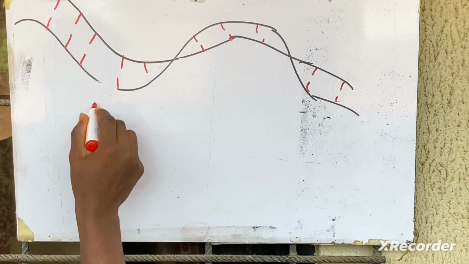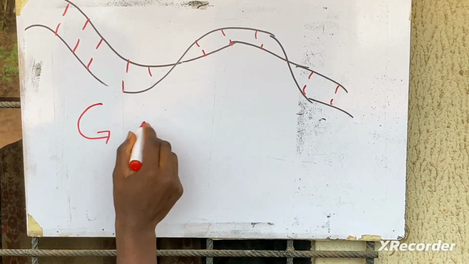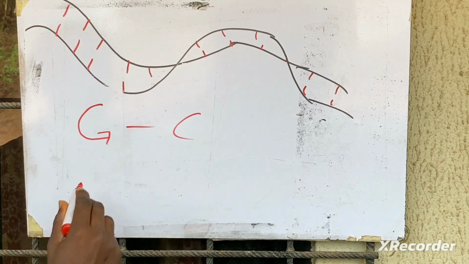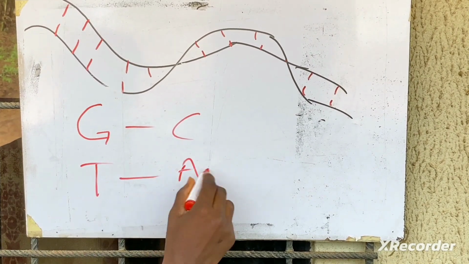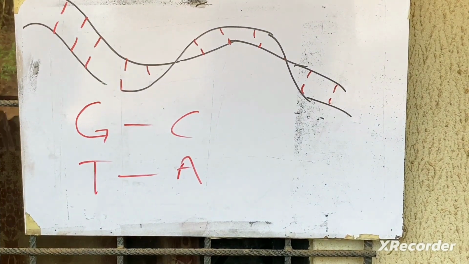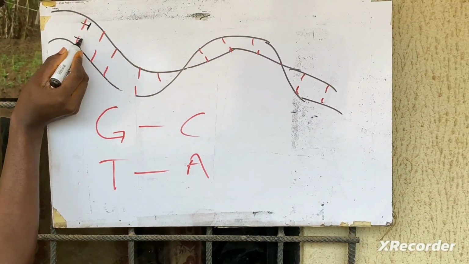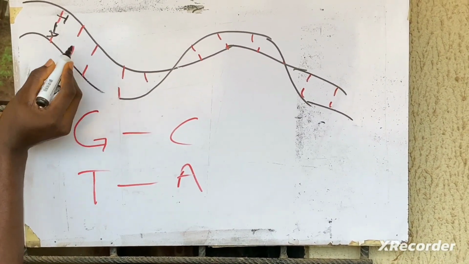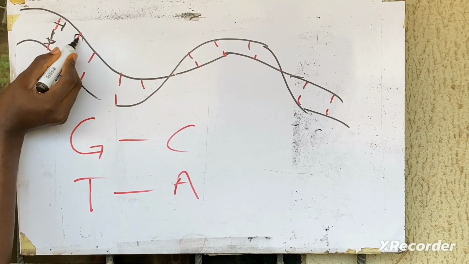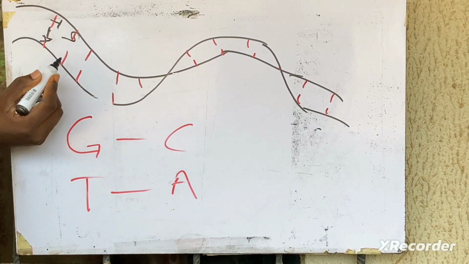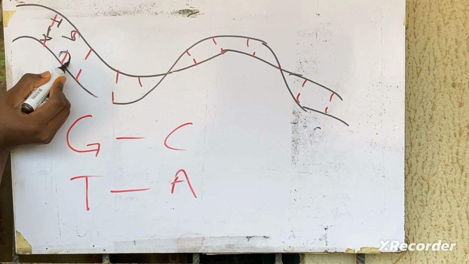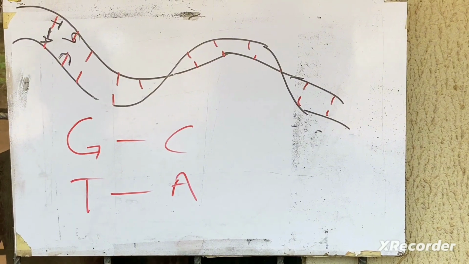So C, which is cytosine, and guanine pair together, while T and A pair together. If T should be here, that means adenine should be here. And if guanine, which is G, should be here, that means cytosine is here. So this is actually the structure of the DNA.